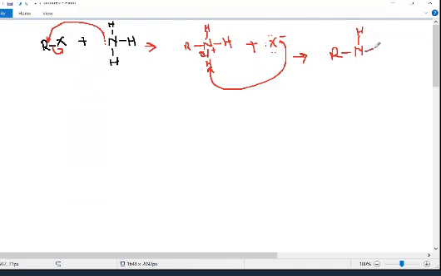So that's an amine. And remember, the procedure can continue to substitute this hydrogen and this hydrogen, so we end up getting the N-substituted amines.